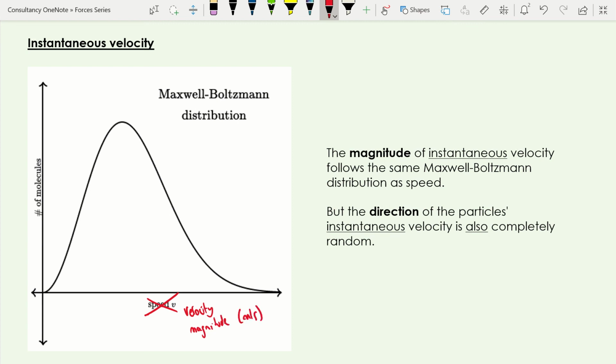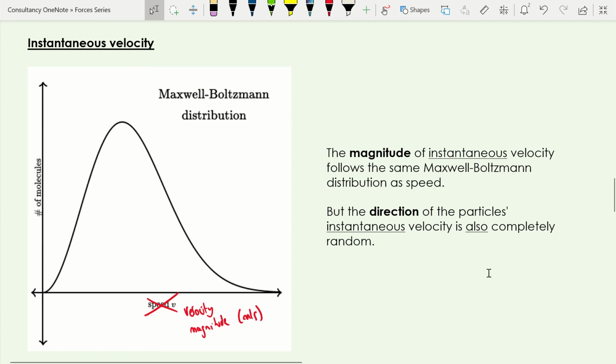But the additional thing to note about instantaneous velocity that we don't talk about with instantaneous speed is that the particle's velocity direction is completely random. So there's no way we can predict what direction a gas particle will be moving at a given time. It's purely random.